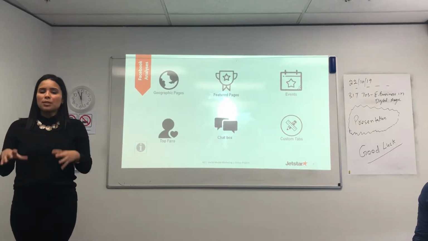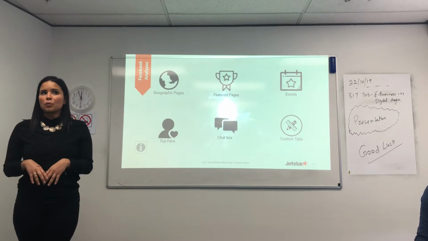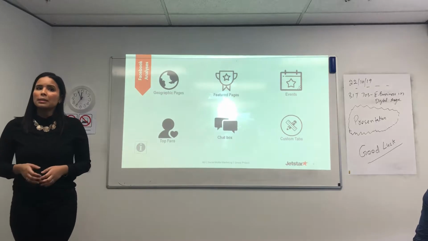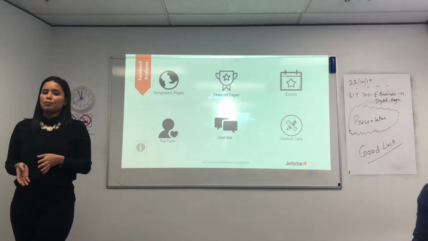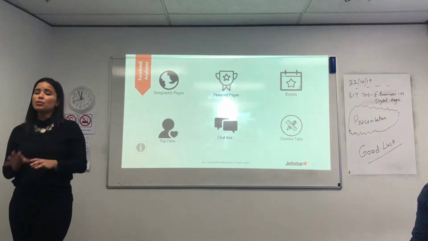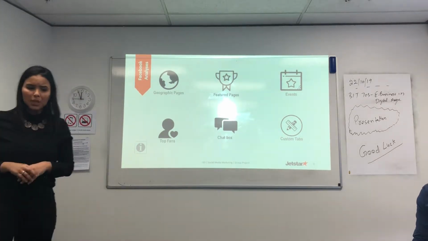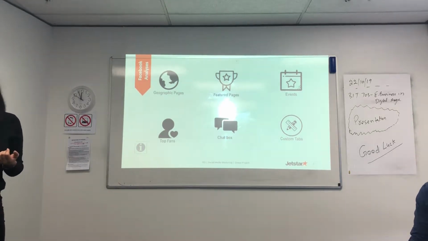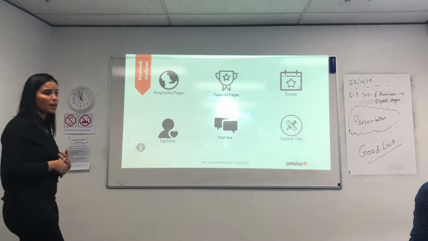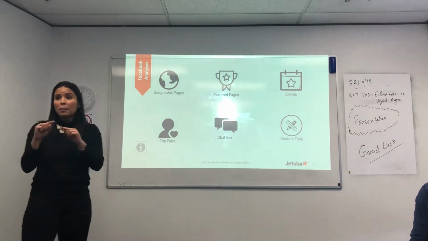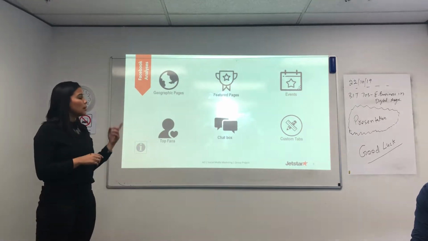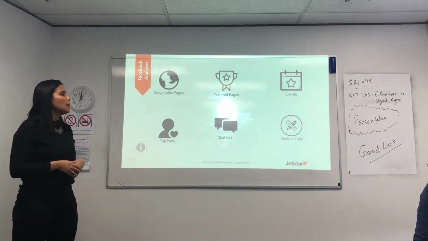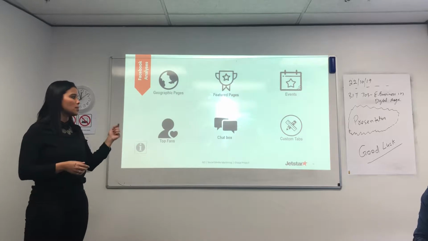So instead of creating just one page to deliver information for all those countries, they prefer to deliver information about each country. If you search Jetstar in the Facebook search box, you can see a page for Jetstar New Zealand, Jetstar Australia, and Asia, Japan, different pages for each country. Another set of features that we found is the feature page, events, top fans, chat box, and custom tabs.